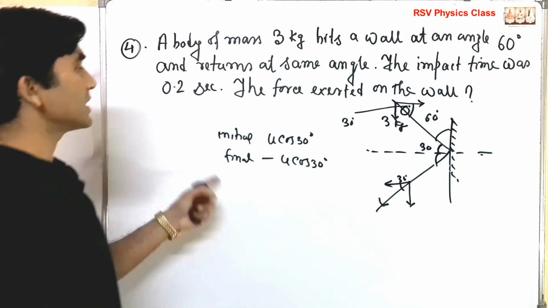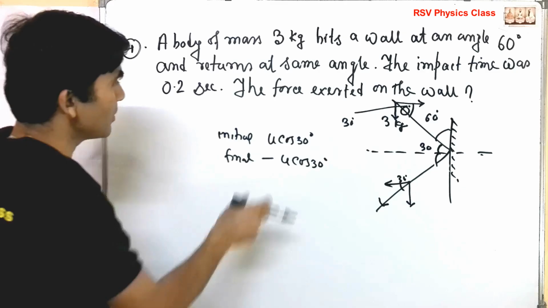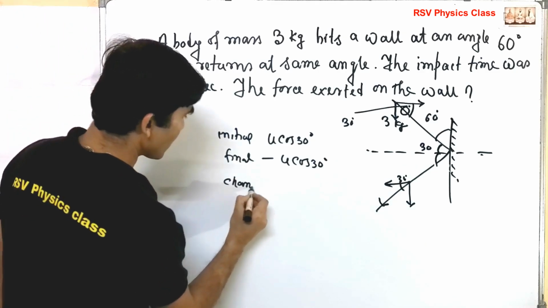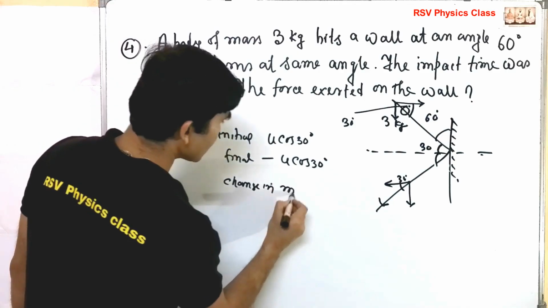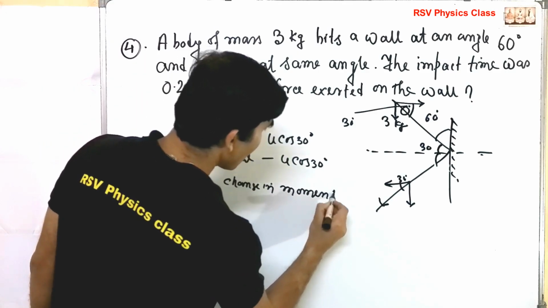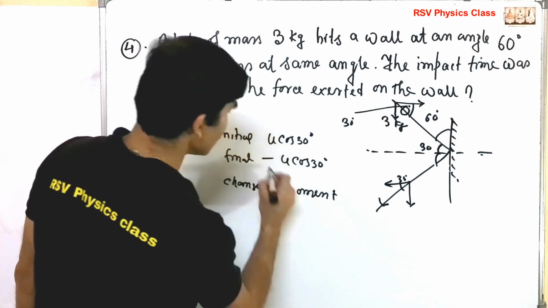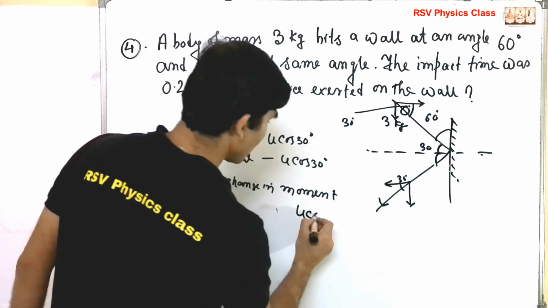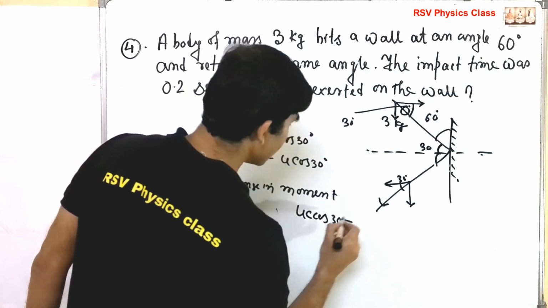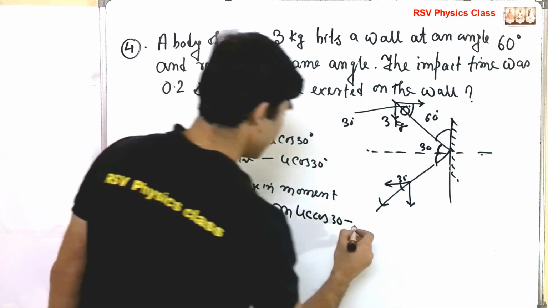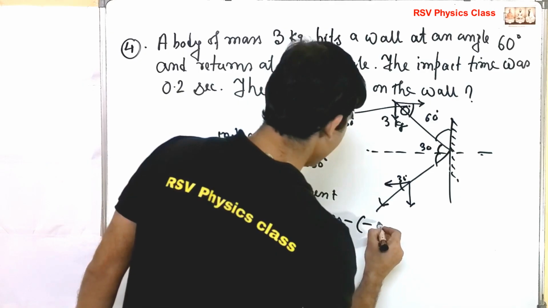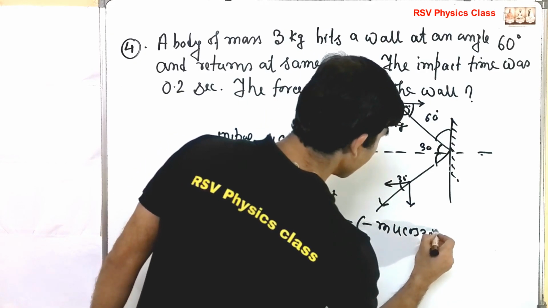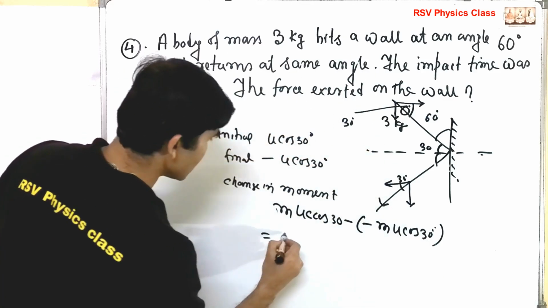So how much is the change in velocity? So the change in momentum: u cos 30 minus minus m u cos 30 again. So how much is it?